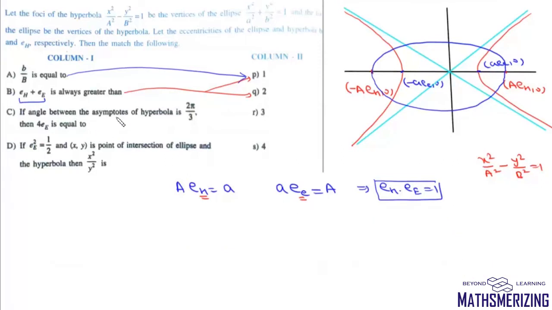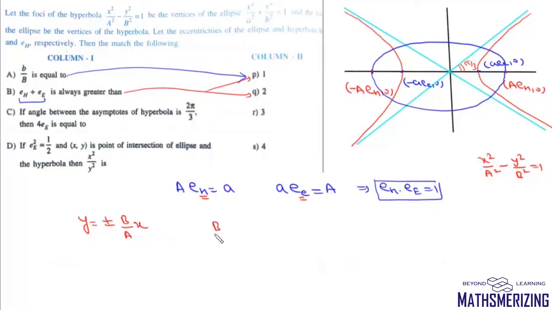Now this third one is, if the angle between asymptotes of hyperbola is 2 pi by 3, so that means this one angle is simply pi by 3. We need to find 4 into eccentricity of ellipse. Now we know that for this hyperbola, its asymptotes are y equals plus minus b upon a x. Now in this case, tan theta is tan 60 and tan 60 must be equal to slope of this line.